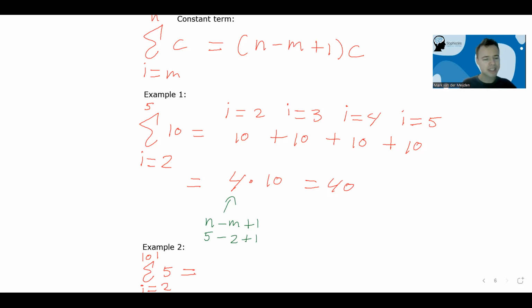Yes, that's correct. So everybody that submitted their answer gave me the correct answer. Yes, everyone had it correct. So indeed, you write down n minus m plus 1 times c. So that's 101 minus 2 plus 1 times 5. And that's 100 times 5 is 500. Perfect, guys.